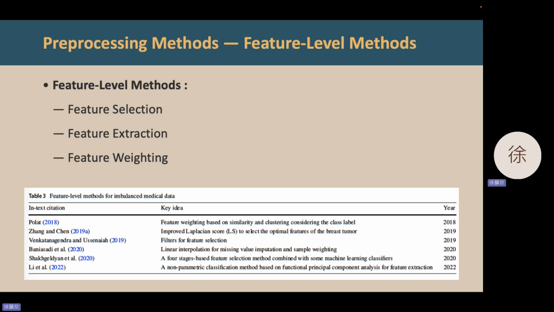This table lists the different studies, with each row representing a paper and briefly explaining the key idea they used and the year of publication. The main goal of these methods is to select the most important and useful features or to adjust the weights of the features so that machine learning models can better distinguish between different classes.